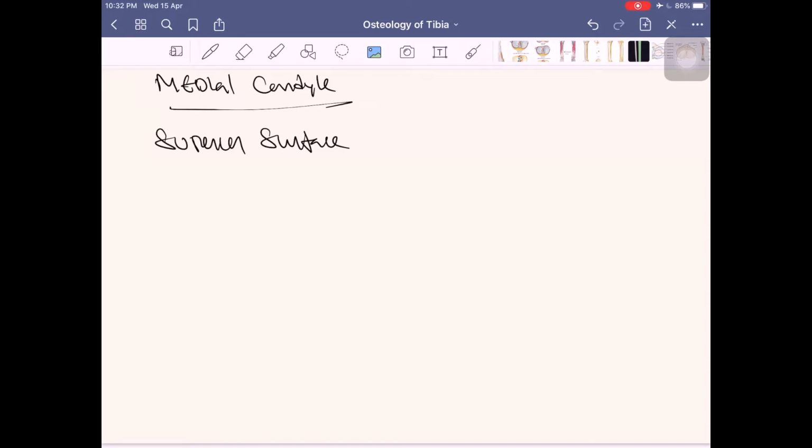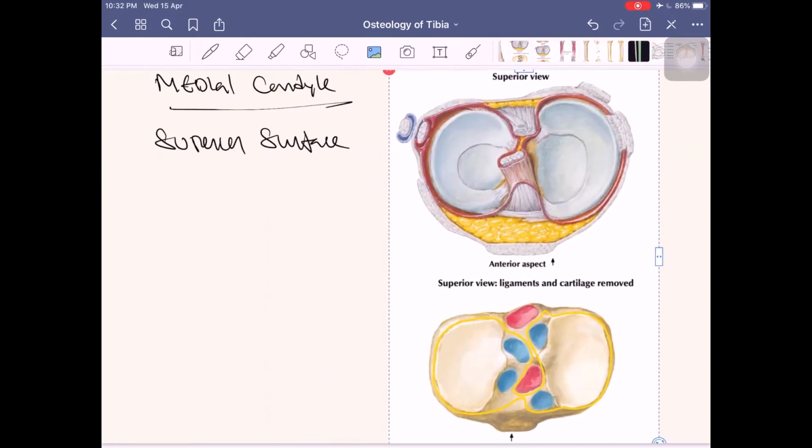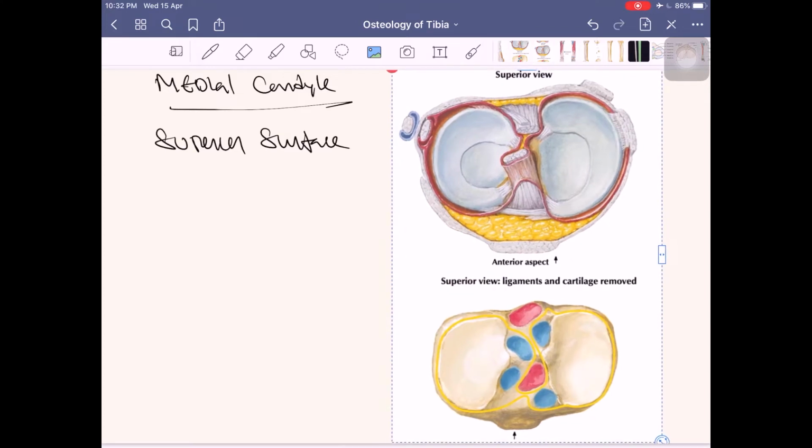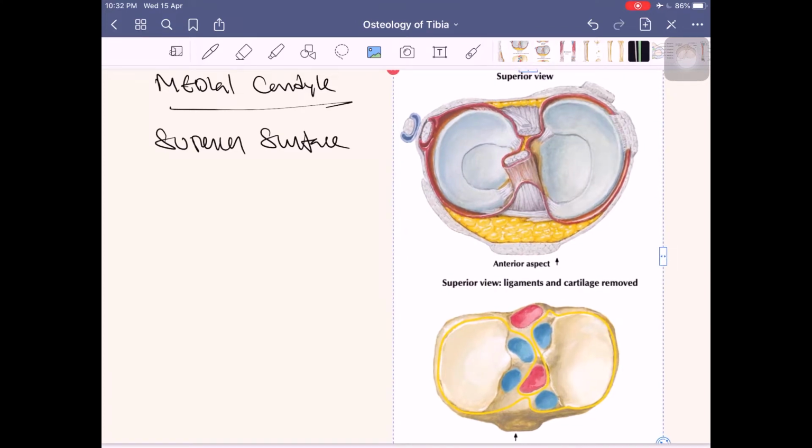Now for the superior surface we use this exclusive image. The superior surface is very important. Here you can see this is the anterior, in the front, and this is the posterior in the bone.